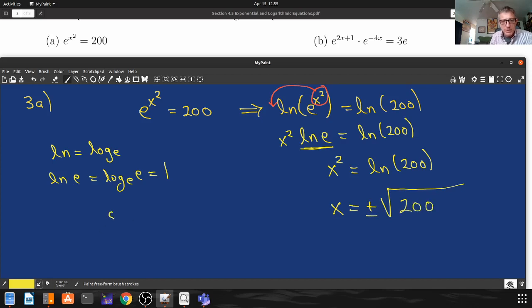So our exact solution set is minus the square root of ln 200 and the square root of ln 200. Sorry, I said the square root of 200, but that's supposed to be the ln of 200. Taking the square root of the ln of 200.